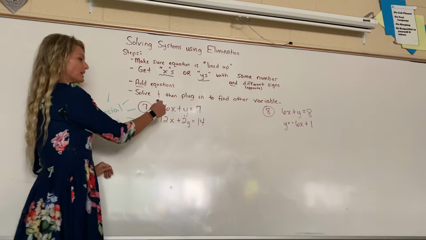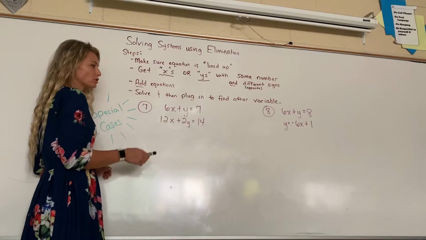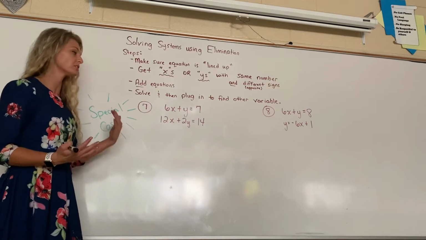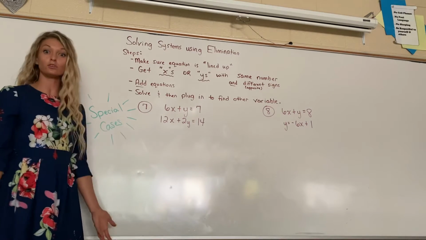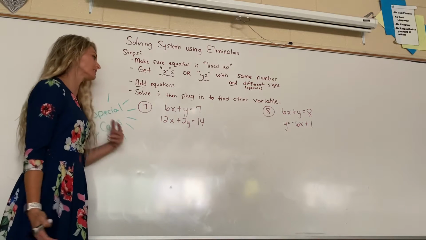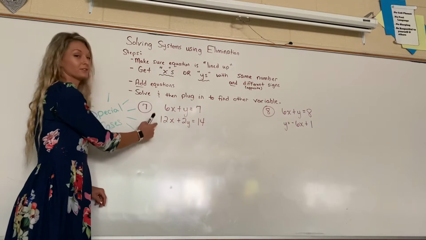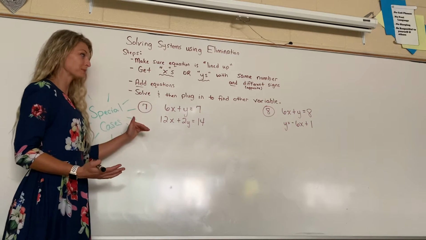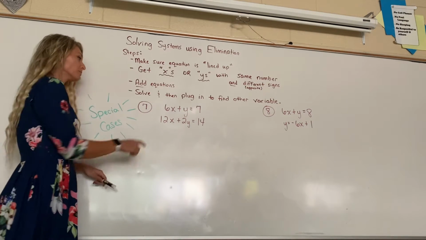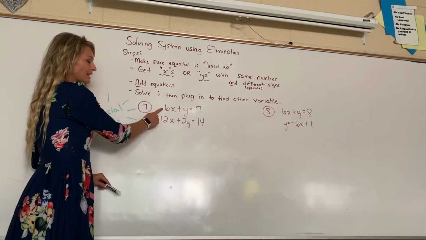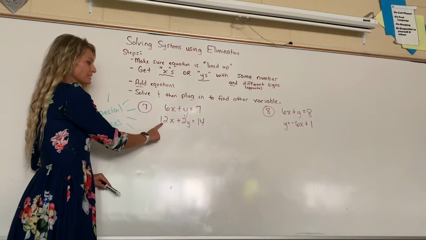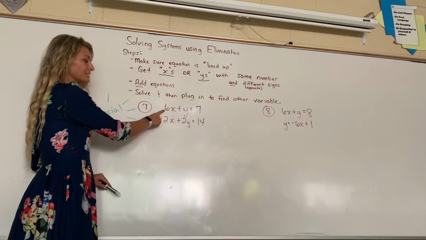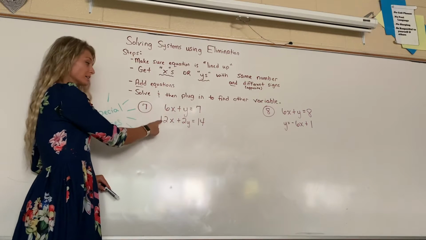But if you look at an equation and you figure out you just have to multiply it by a certain number to make that happen, then you could also do that. Because remember, your goal is just to get them so that they have the same number with different signs, okay? As long as you can reason through it to make that happen, then you're good. If I'm looking at the x, I notice that if I take 6 and multiply it by 2, I'll get 12.